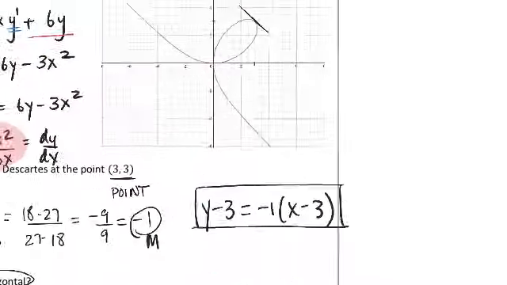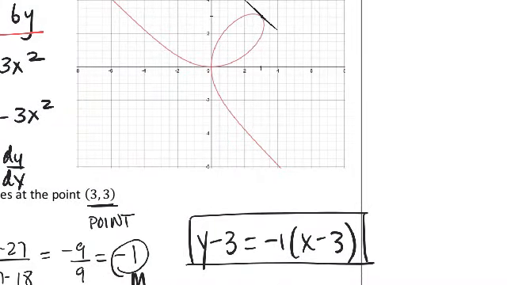Bottom line is those two places are x equals 0 and x equals roughly 2.5, roughly here. Those look about right in terms of places where I have horizontal tangent lines.